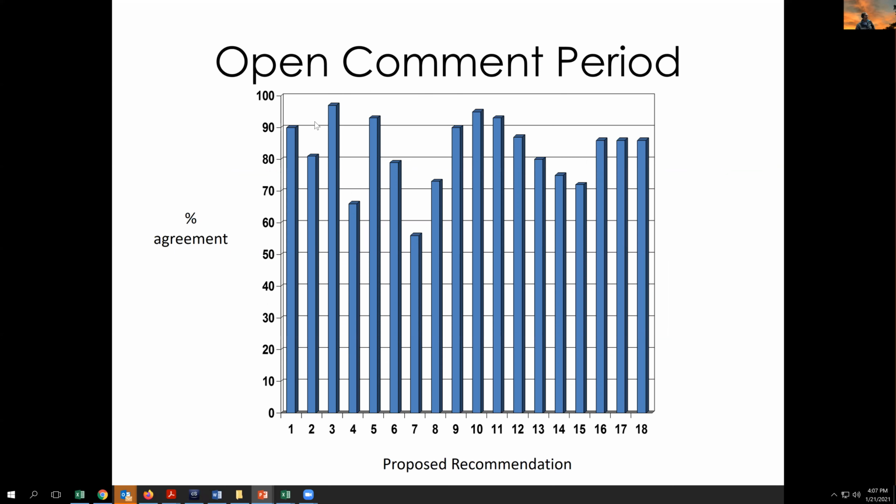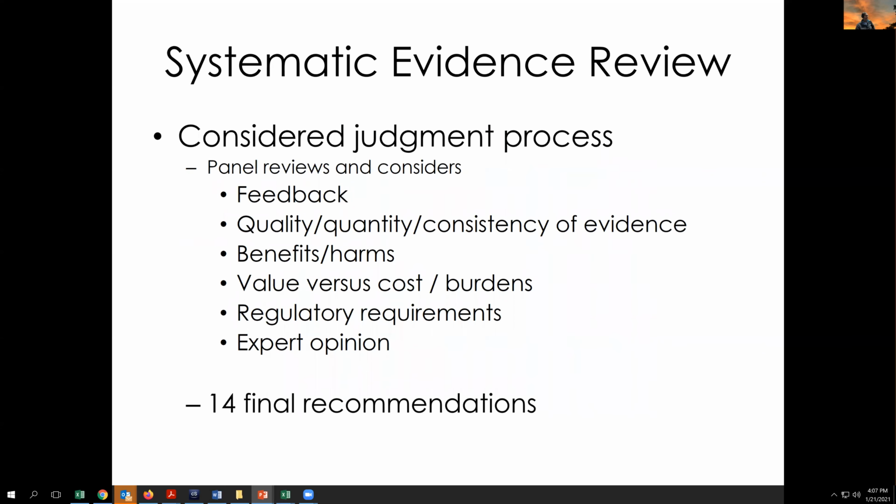As you can see, it's likely these are going to be easily accepted with these 90, 100%. But some of them may be a little bit lower, 65, 55, 70. Some of these may have been subject to further refinement and considered judgment as they took in that feedback.